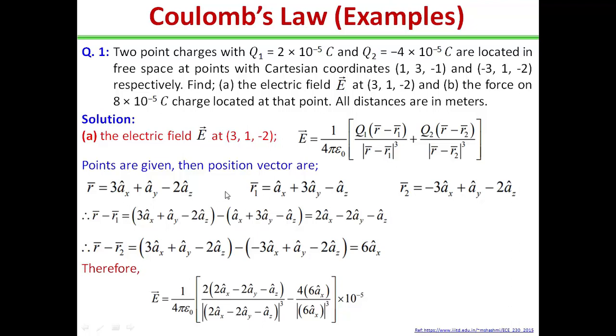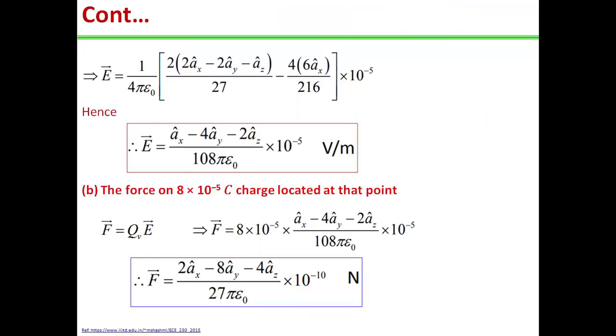Every distance is written in vector form and the distance is calculated. After putting in the values of the charges and the distances between the point charges, we have calculated the electric field as (ax - 4ay - 2az) divided by 108πε0 × 10^-5 volt per meter.